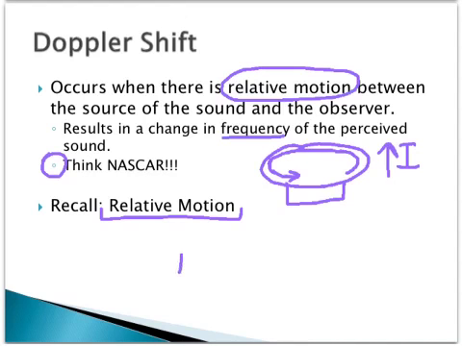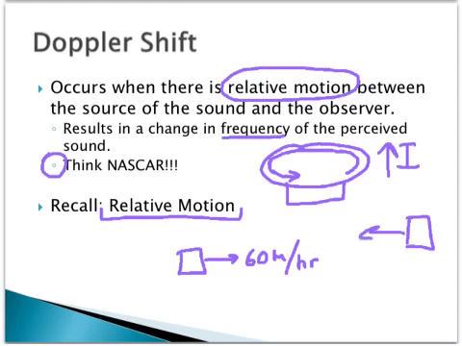Say you're in a car driving at 60 miles per hour to the right. If you look across the highway at oncoming traffic traveling 60 miles per hour to the left, from your perspective that car does not seem to go 60 miles per hour, but a lot faster.